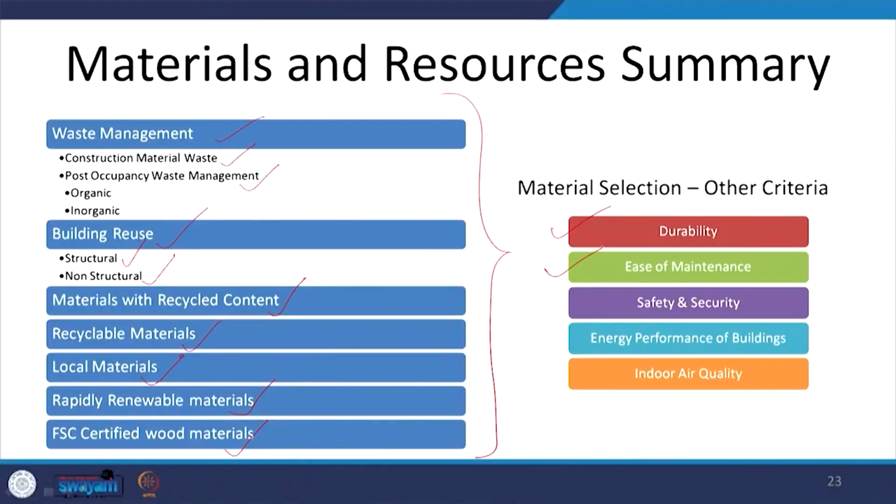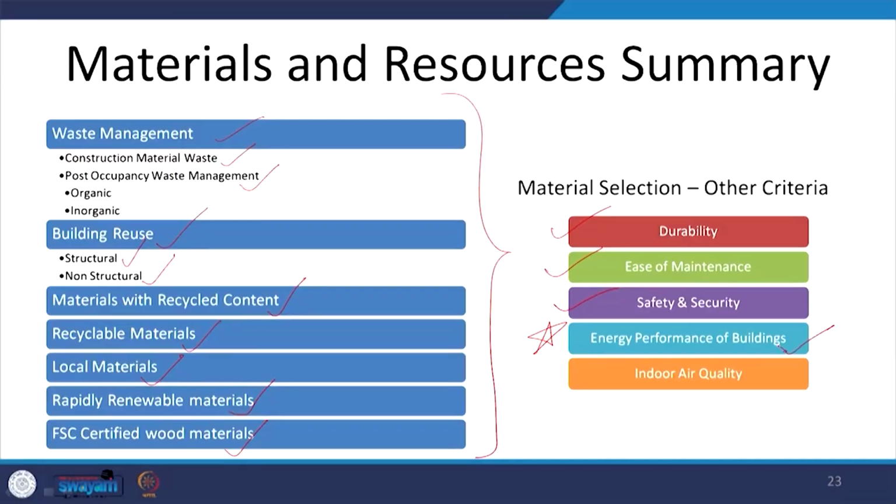We have to look at the ease of maintenance depending upon the type of facility which is being maintained. We also have to look at the safety and security requirement of the building. Besides these three, which are more qualitative in nature, we also have to keep in mind the energy performance of buildings, for which appropriate materials have to be chosen.